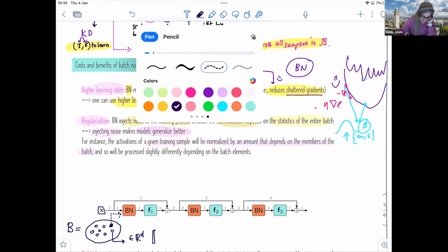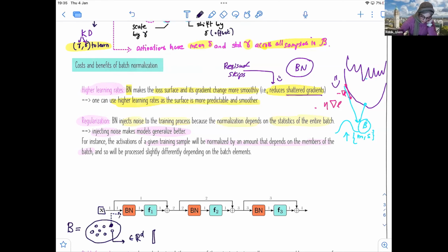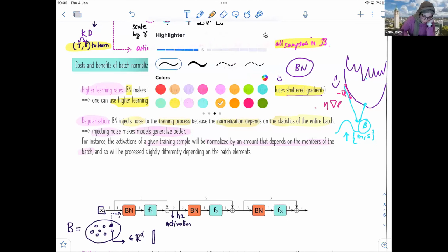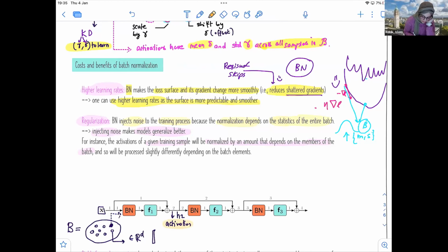The activations that happen after this layer, the final activation H2, is normalized by an amount that depends on the other members in the batch. Because of the BN, this activation is controlled by the other members in the batch. So it will be processed slightly differently depending on the batch elements.